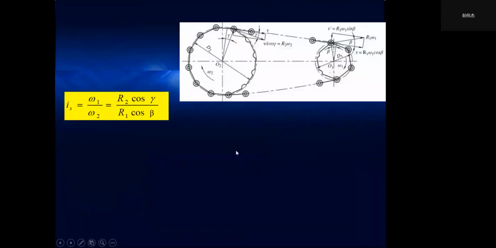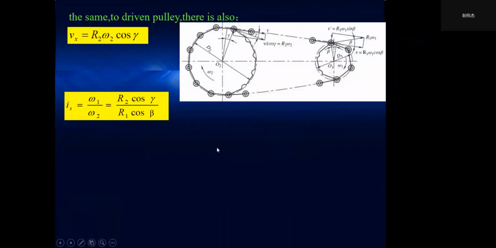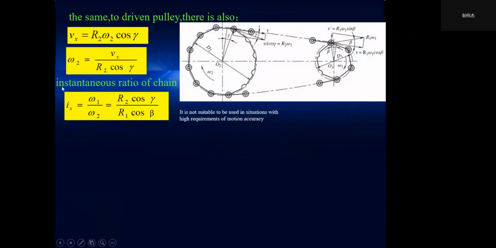So the instantaneous speed ratio i of a chain, omega 1 divided by omega 2, is not constant, but the average speed ratio i, equal to N1 over N2, is constant.